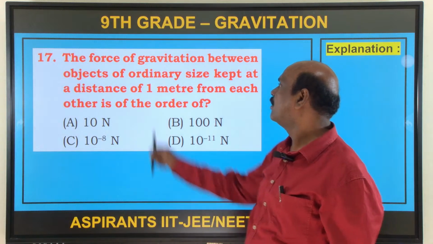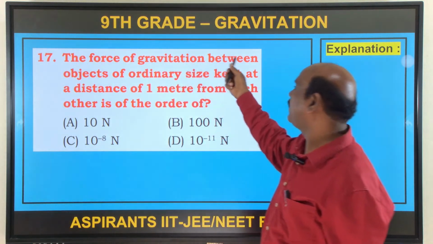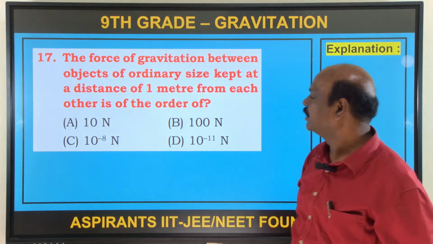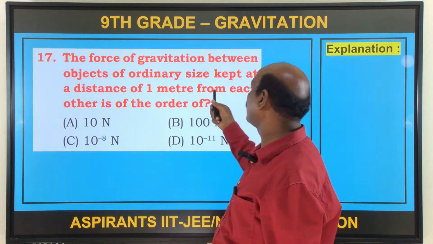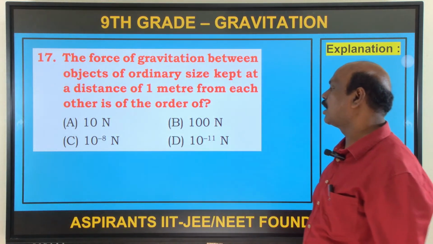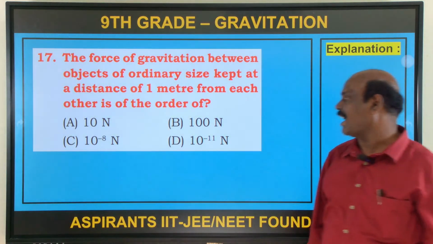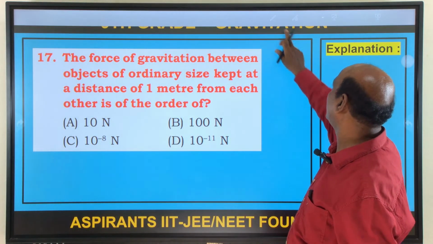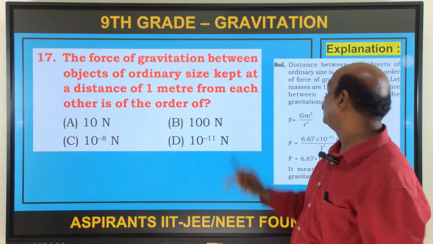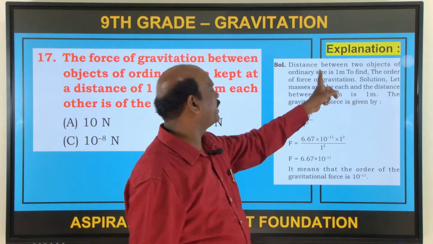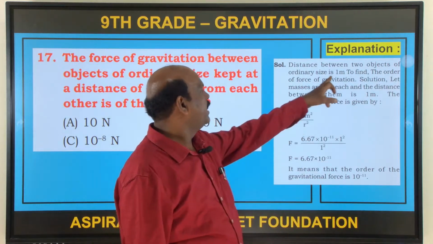Next, the force of gravitation between objects of ordinary size kept at a distance of 1 meter from each other is often of the order of, means what will be the value when you take the distance. So here you can observe the calculation part. The distance between the two objects of ordinary size is 1 meter.